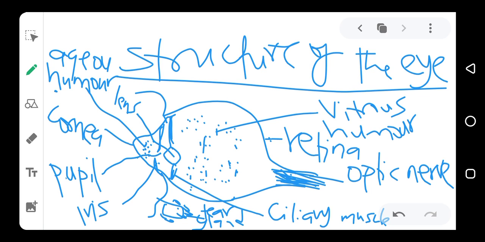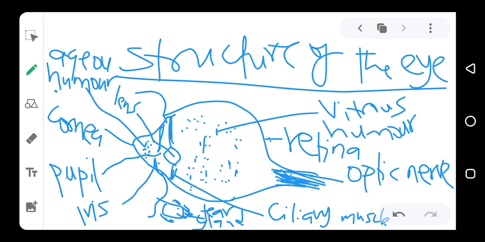All these things help to keep the eye alive. That is the function of these fluids in the eye, the aqueous humor and the vitreous humor. So this is basically all we have in the structure of the eye.